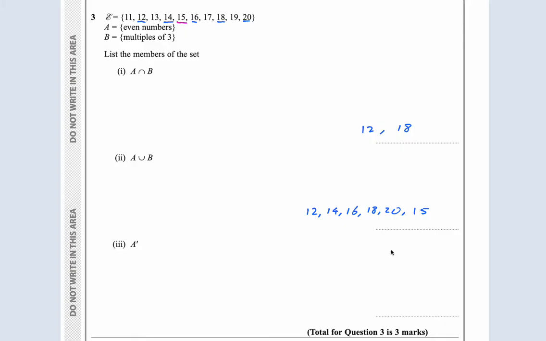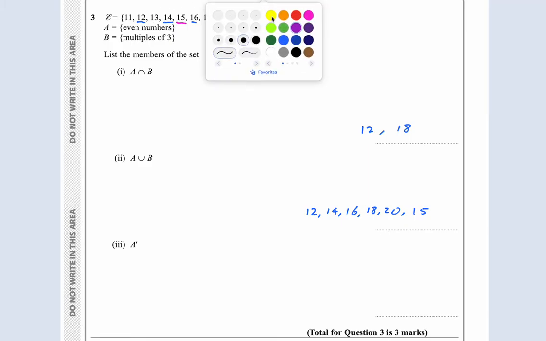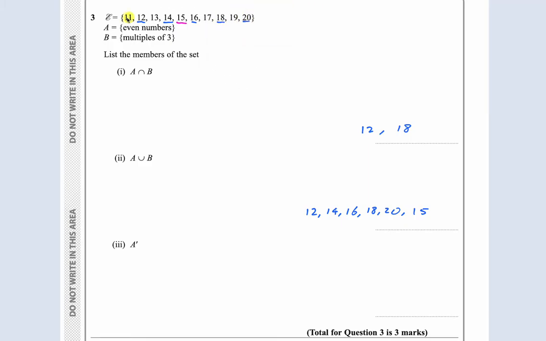The odd numbers are 11, 13, 15, 17, and 19. Those are the numbers that are in the universal set, but not in A.